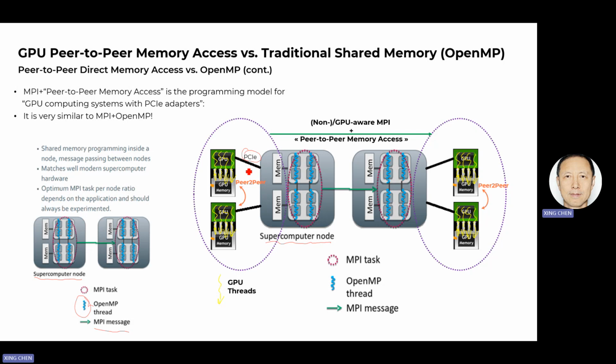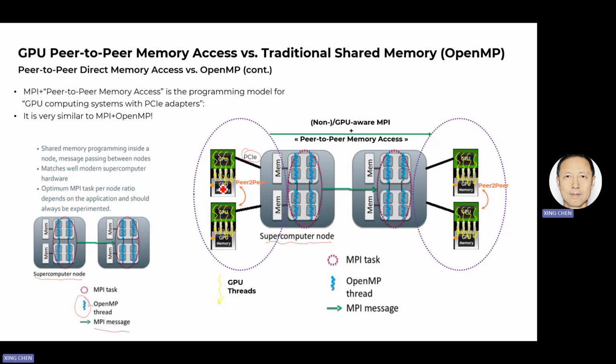This is very similar to OpenMP programming for threads. Here you have lots of threads per GPU, another GPU, maybe another GPU. The threads can access each other's memory by peer-to-peer memory access.